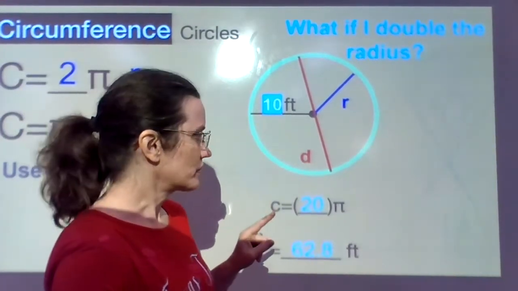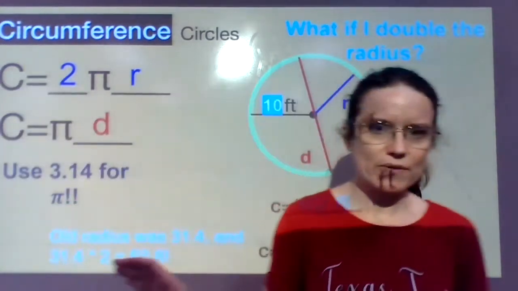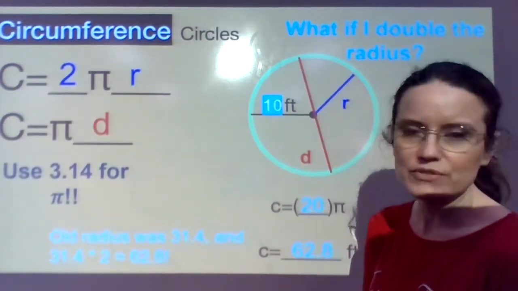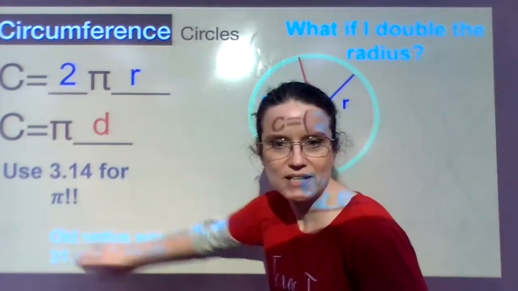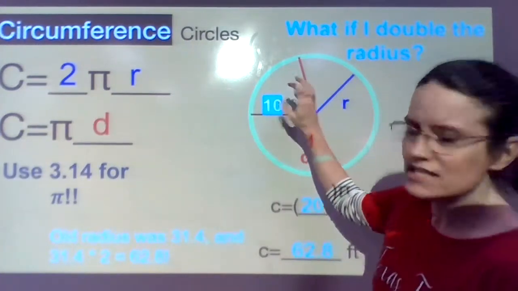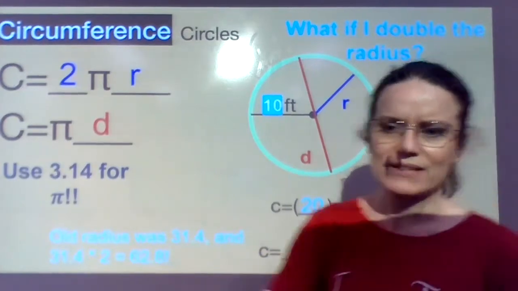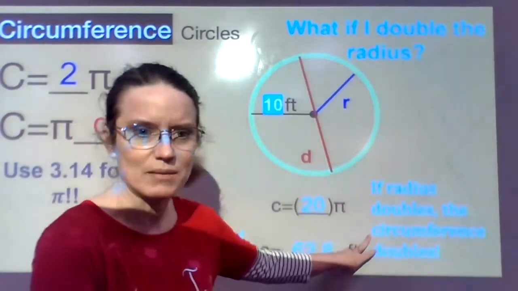Question though. The old circumference was 31.4. Don't look at that, it's supposed to say circumference. So my old circumference was 31.4. When I doubled my radius, now it became 62.8. And so I doubled my radius and I doubled the circumference.